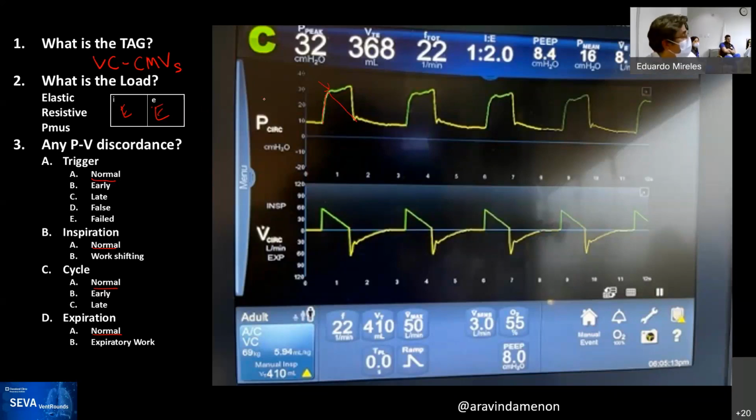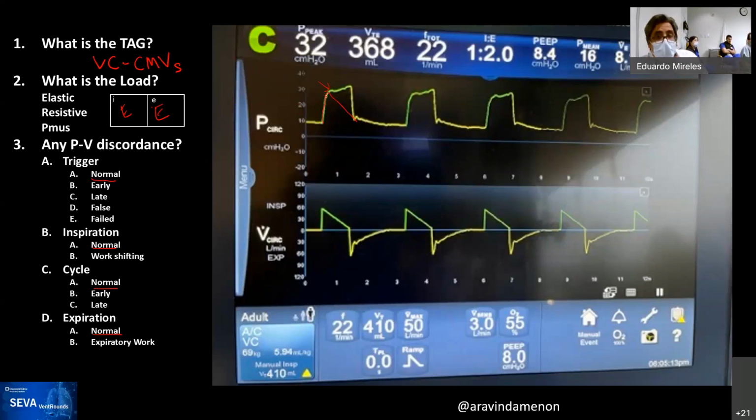Actually, that takes us to the load, what you were talking about. You can see that the flow is the highest at the beginning, which means that the resistance is constant through the breath. In this curve that I have put here, I have shown how the resistive load would look. At the beginning it's mainly resistive, but at the end of the breath, when there is no flow, it's all elastic.